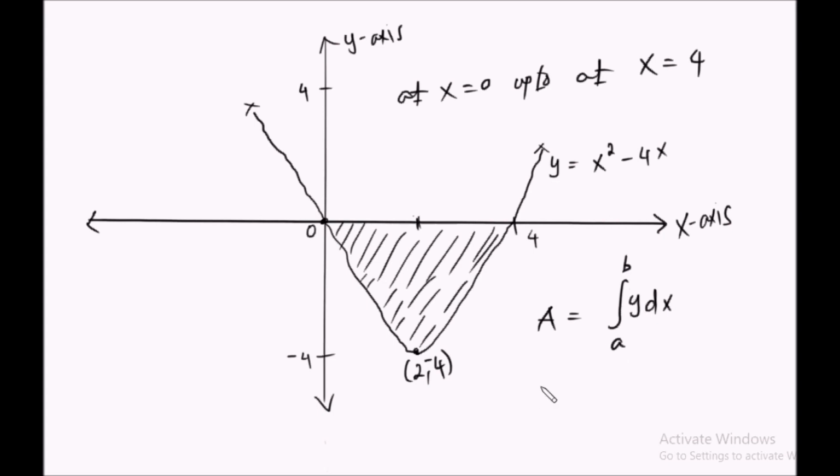In our case a is 0, b is 4, and y is the curve x squared minus 4x. So the area is going to be the integral from a to b of x squared minus 4x dx. This is a definite integral.